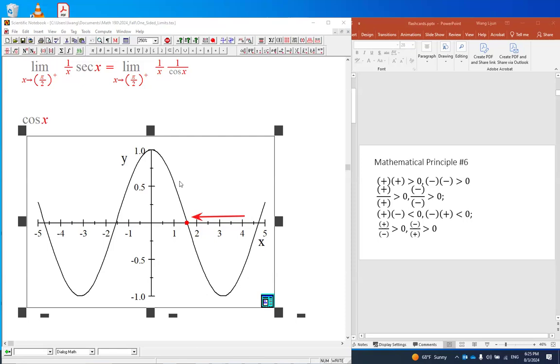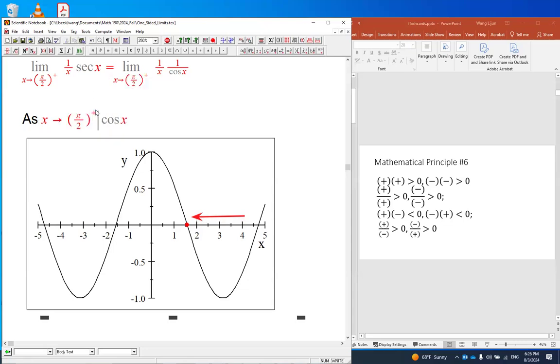So let's write it down over here. So as x approaching pi over 2 from larger than pi over 2, this direction, cosine is approaching 0 from smaller than 0. So this piece is negative. And this piece is a finite number, right?